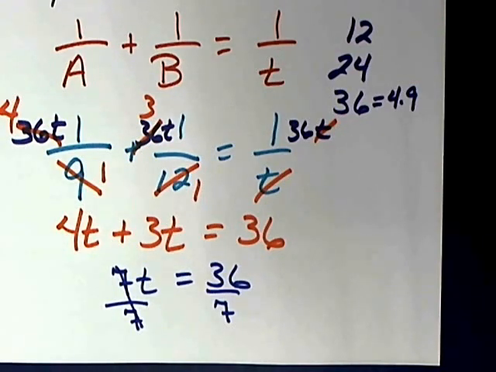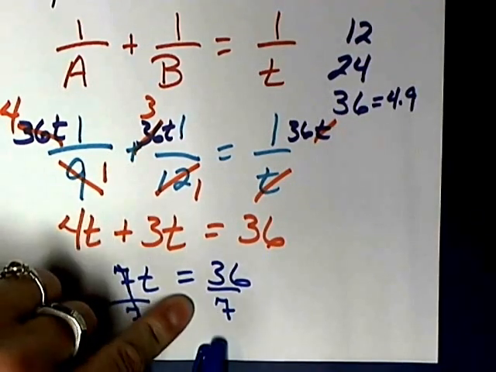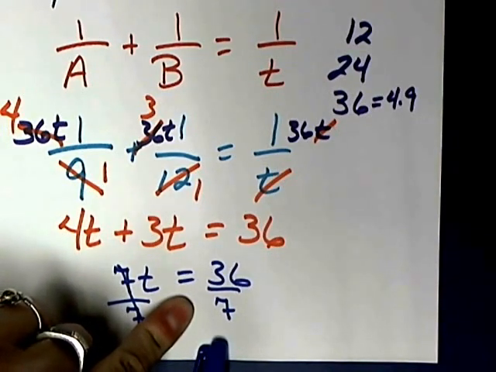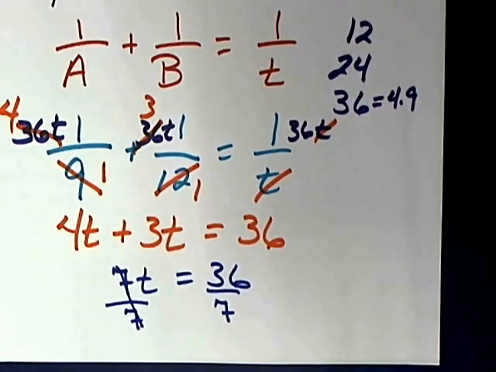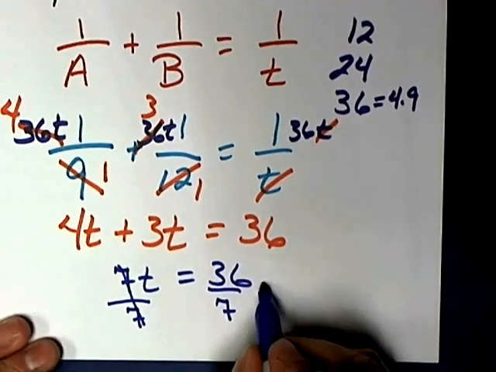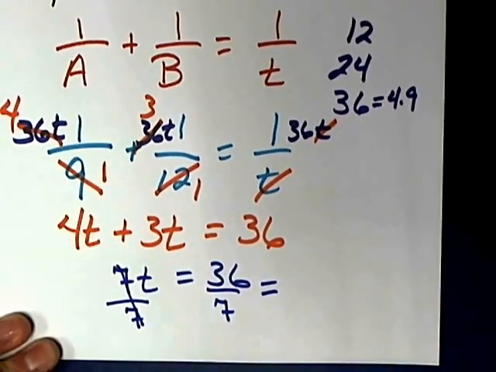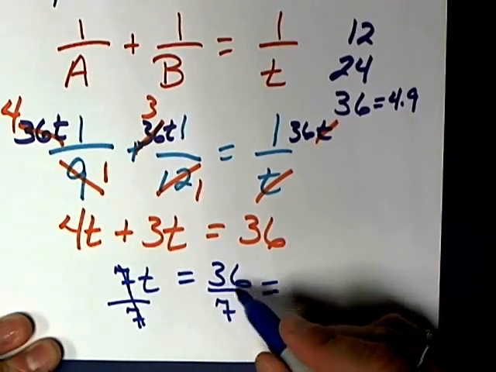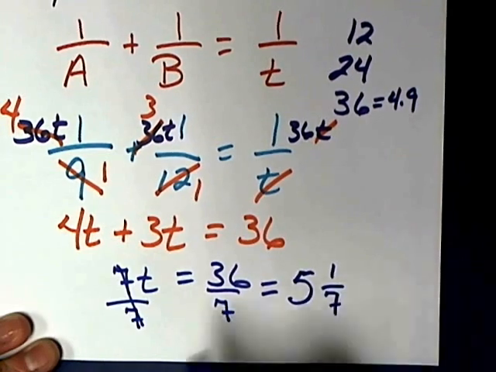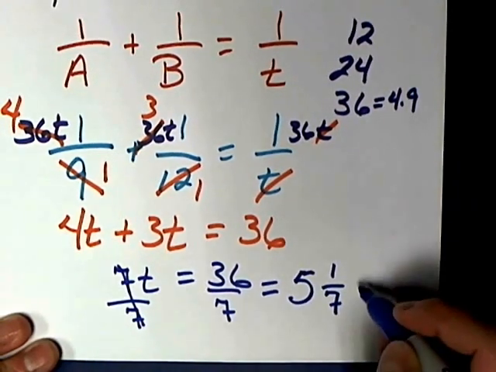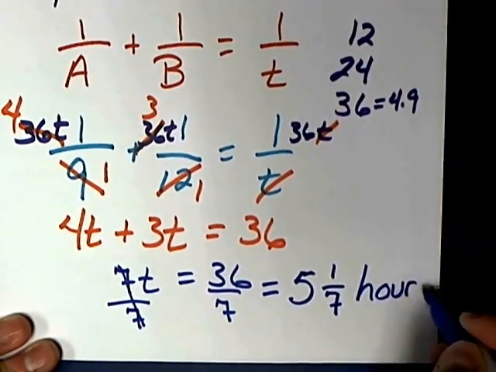So for my class, I would be perfectly happy if you put the 36/7, but label it. What does that represent? Hours. But if you need to see what the heck does 36/7 mean? Divide it. 7 goes into 36 5 times with 1/7 left over. So it's 5 1/7 hours.